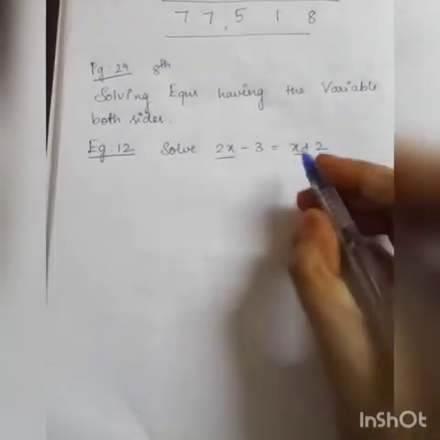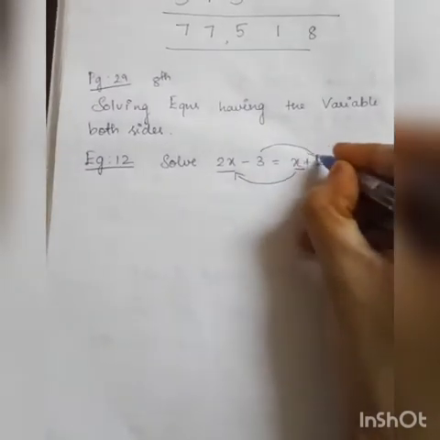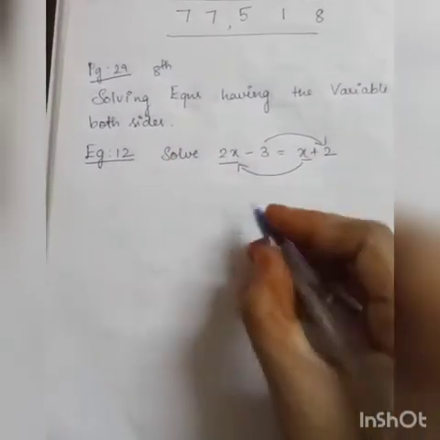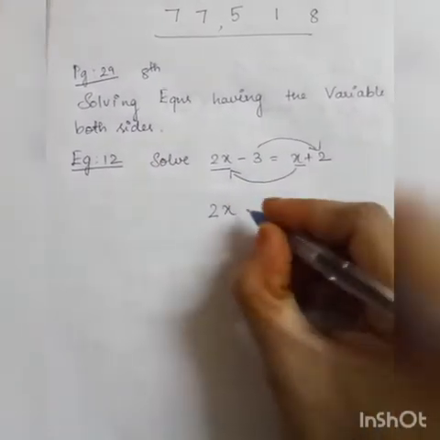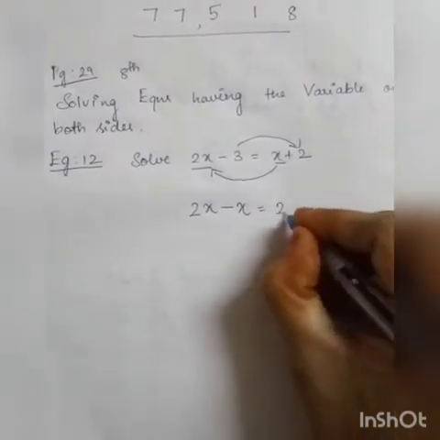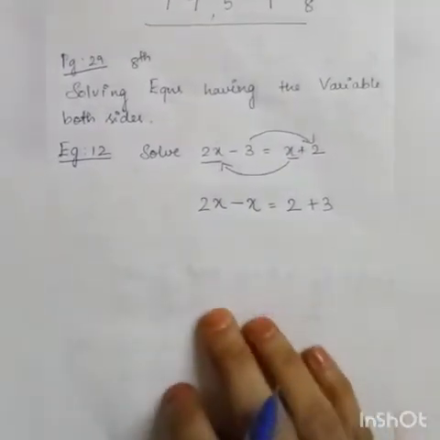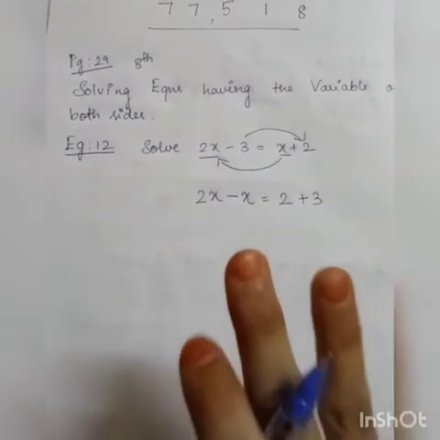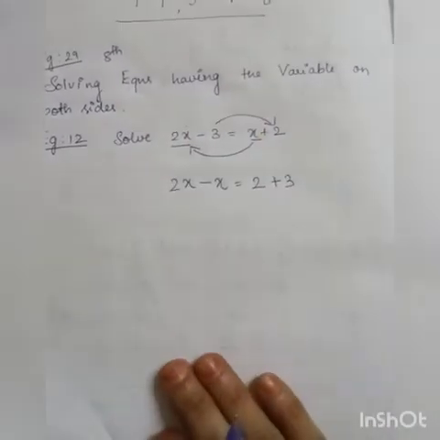So we can combine all the variables to this side and constants to that side. 2x plus x, if it goes that side it becomes minus x. Then only 2 will be there, right? 2 minus 3, if it goes that side it becomes plus 3. What I have to do is arrange variables all on one side, constants all on the other side.